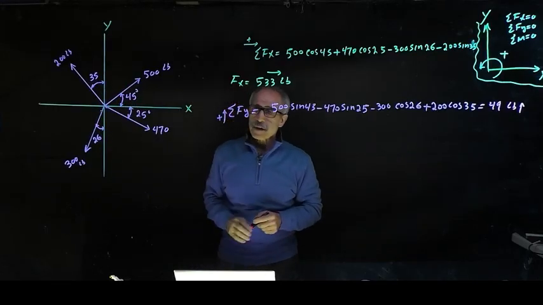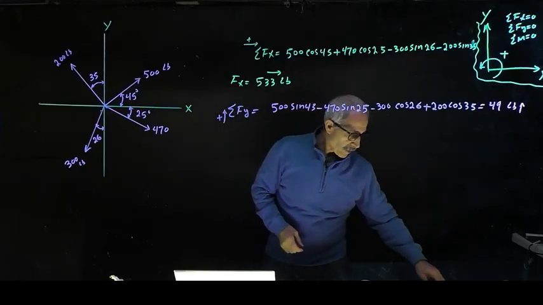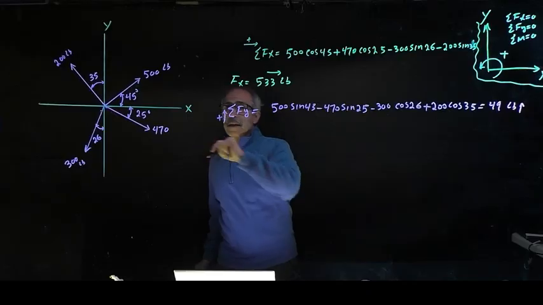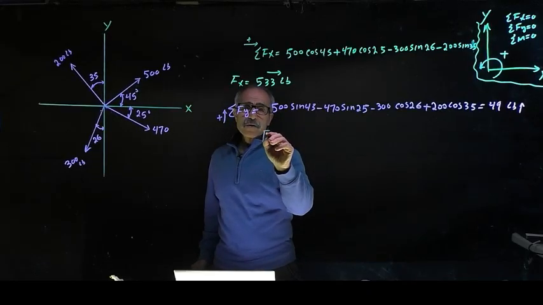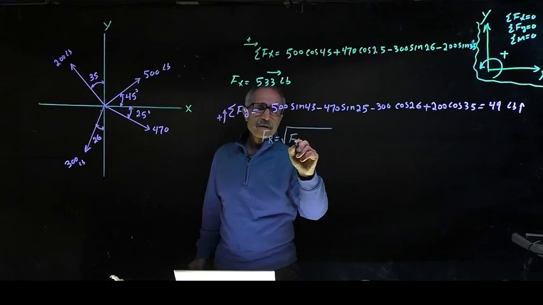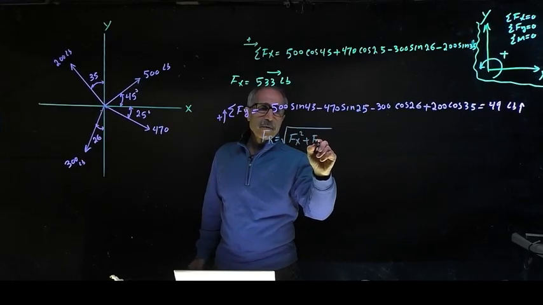Now, the Pythagorean theorem says we can go ahead and find the resultant force, which is equal to the square root of F of x squared plus F of y squared.